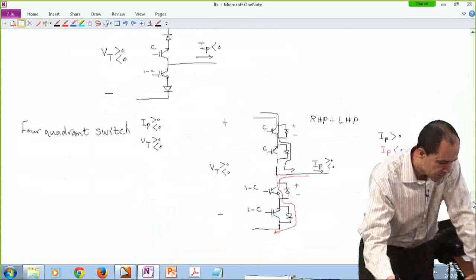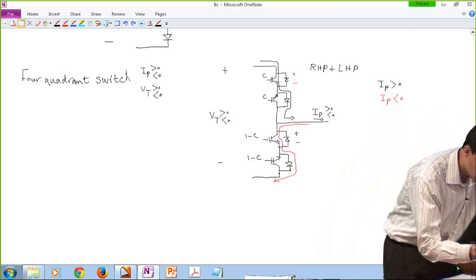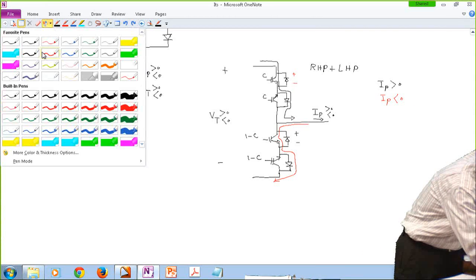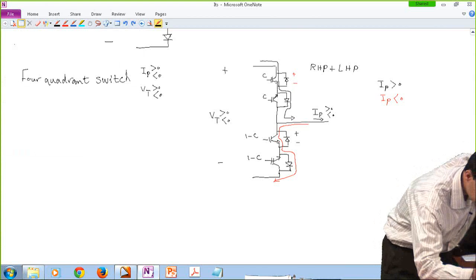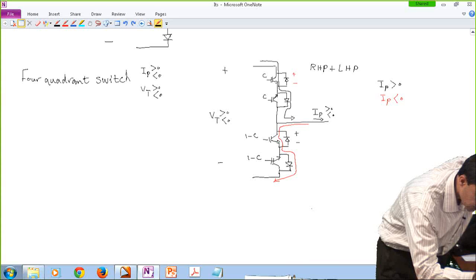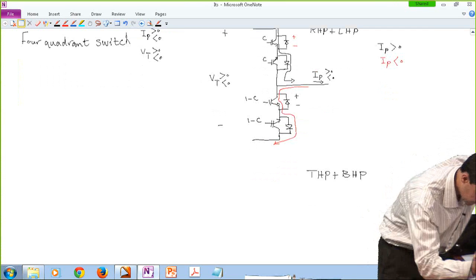And as it turns out, it's pretty much similar to what we already have on the screen. So now I am trying to combine, let me write it over here first. I'm trying to combine the top half plane with the bottom half plane. All right, so I'm going to draw it.